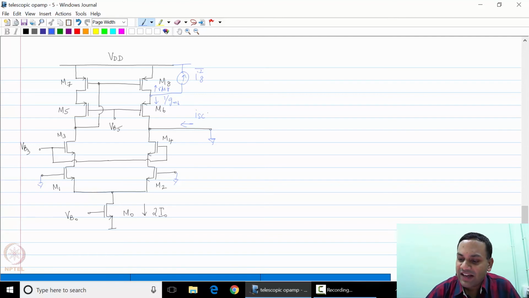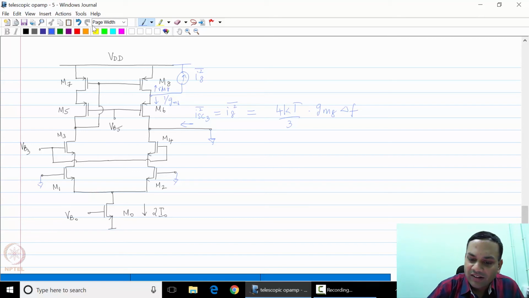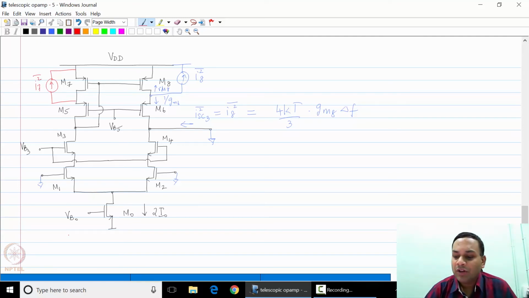Therefore, I will say that ISC3 squared is equal to I8 squared, and this is nothing but 4kT by 3 into GM8 delta F. Similarly, you will find that noise of M7, which is I7 squared, also appears at the output.